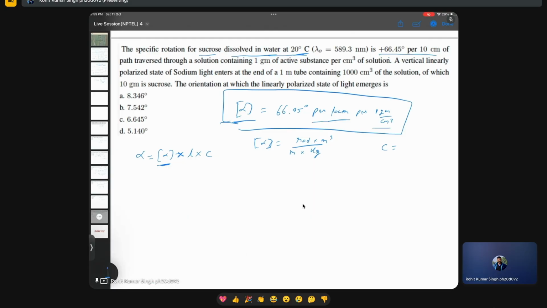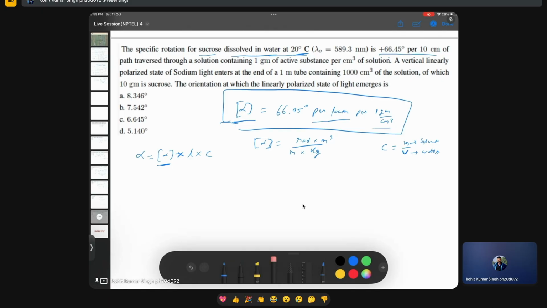So the solute here is the sucrose, and if it is dissolved in water, the solution is your water. So this is how we define concentration. Water or any solution you can have.